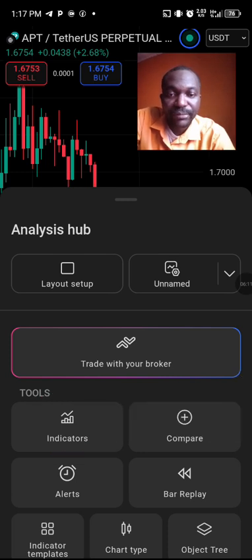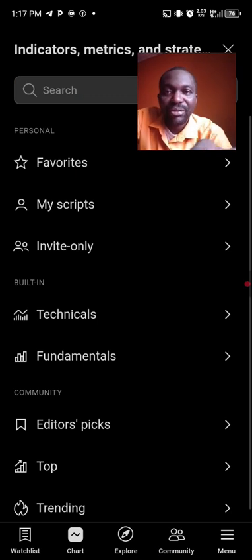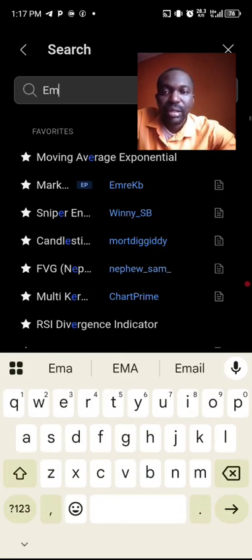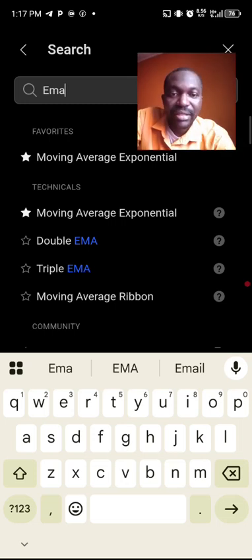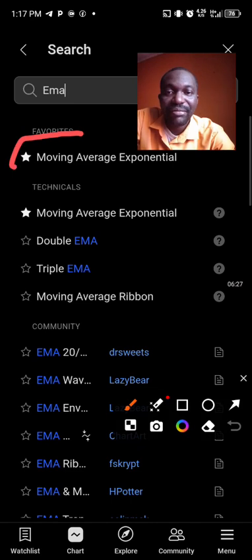Now the first one we're going to put on the chart is called EMA. So all you need to do is just type here EMA, and you can see it's the first one right here. That is the moving average exponential.